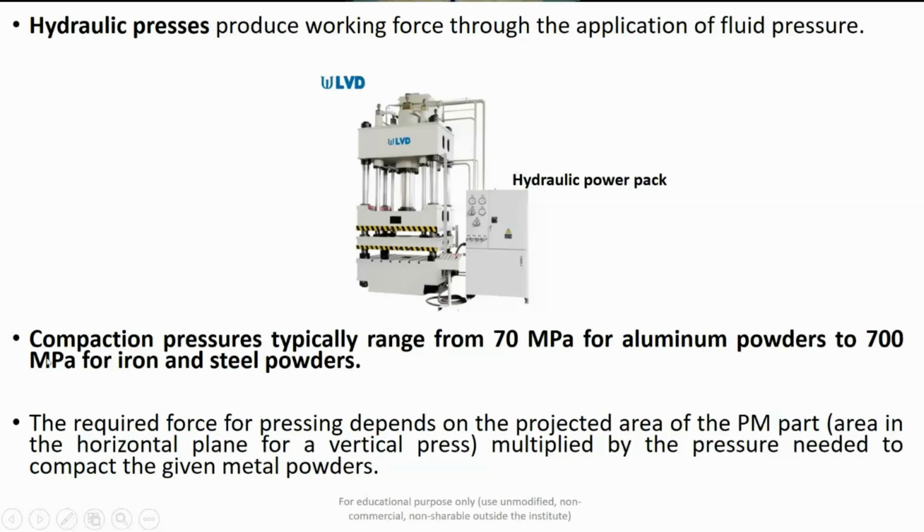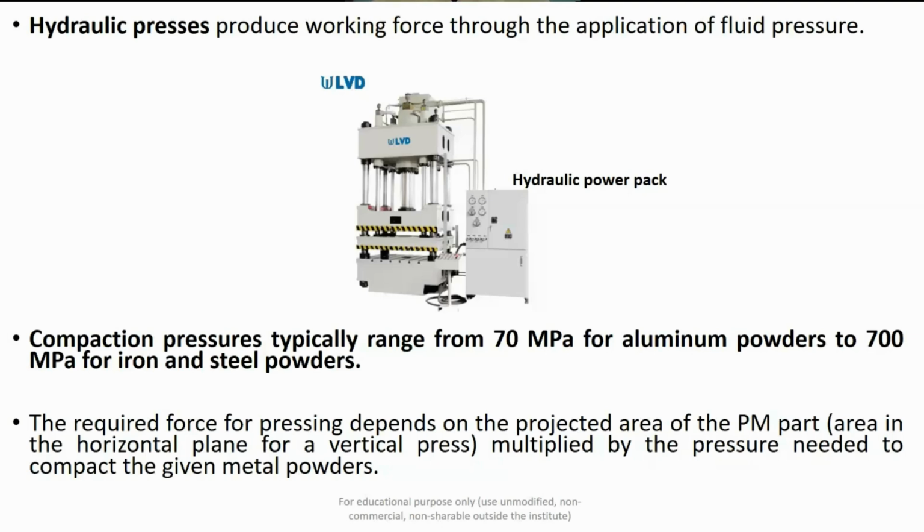As we have already studied in our previous slide, the compaction pressure typically ranges from 70 MPa for aluminium powder, which is a soft and ductile material, to 700 MPa for iron and steel powder, which are high strength materials. The required force for pressing depends upon the projected area of the powder metallurgy part.